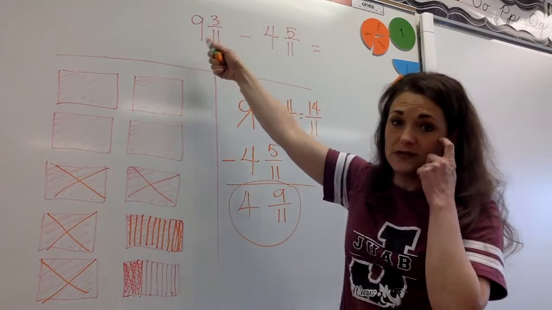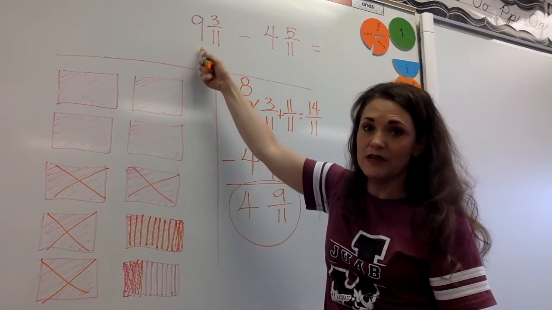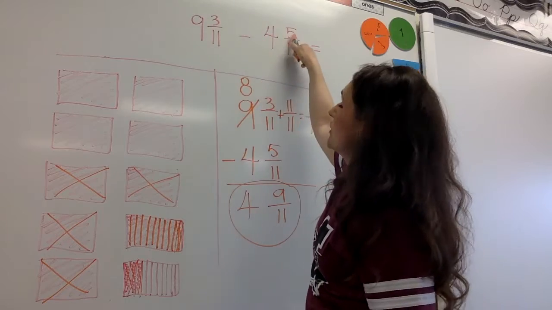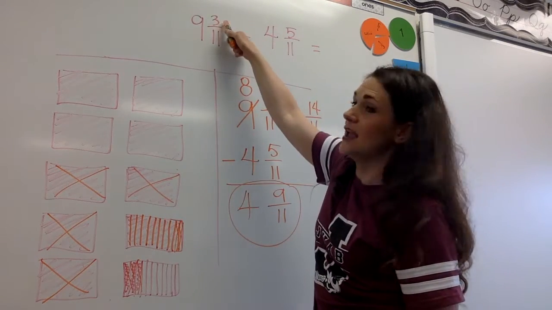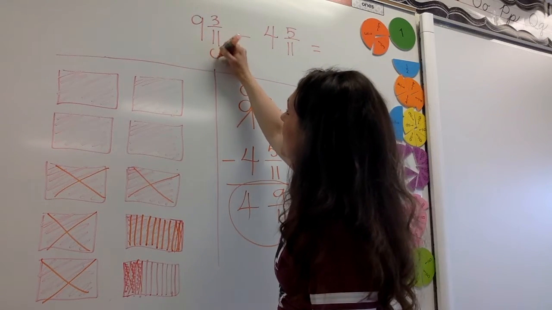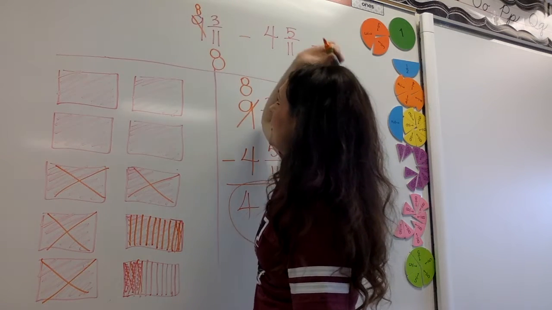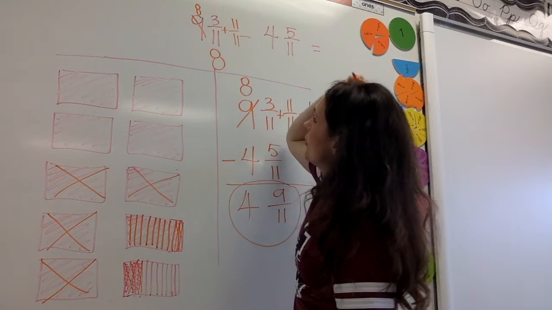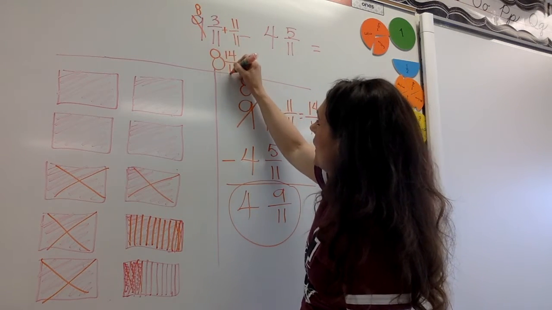Now I could have worked this problem across like this, but I would still have to rename this first number because 3 subtract 5, I still have that problem of not having enough to take 5 away from 3. So I'm going to have to rename it, borrowing from that 9 and making that an 8, and then adding that 11 11ths over here to get my 14 11ths.